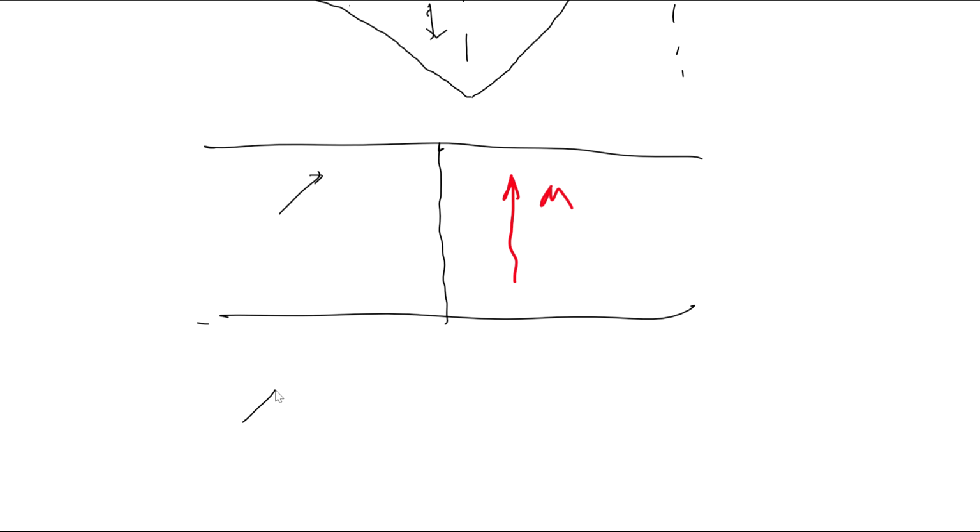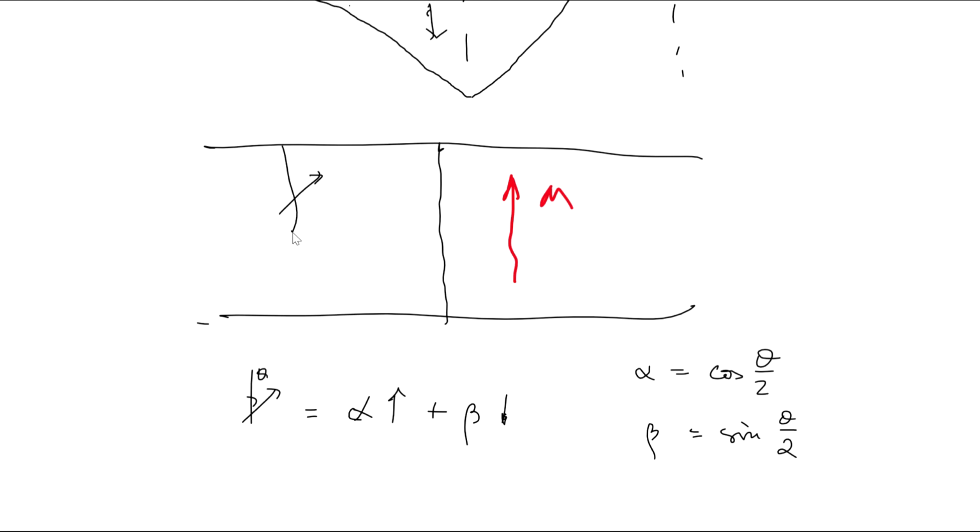Basically spin at a certain angle, theta, can be represented as alpha of spin up plus beta of spin down. It is a mixed state of spin up and spin down, where alpha would be cosine theta over 2 and beta would be sine theta over 2. Theta would be this angle.